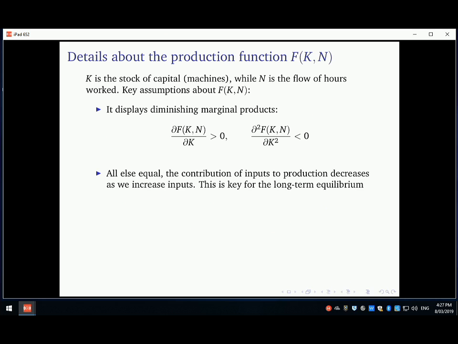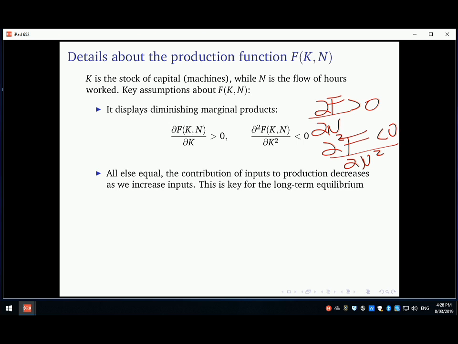Okay, so all else equal, the contribution of inputs to production decreases as we increase inputs. And this not only applies to capital, it also applies to labor. So the same applies for labor and capital.